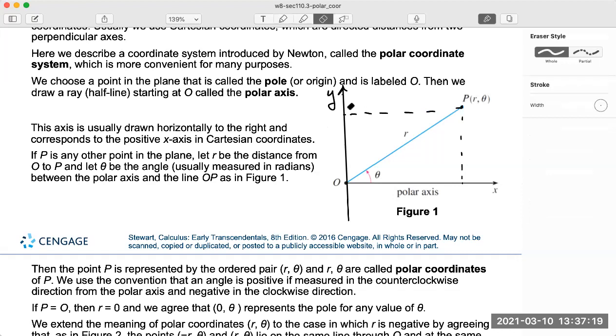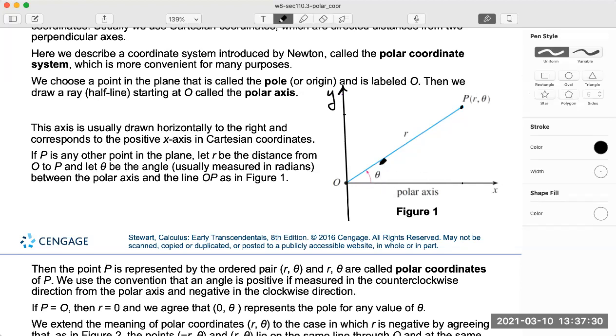But in the polar coordinate, we pick the x-axis, which will be the same as in the Cartesian. And another one is the angle. For example, any point P here, the r is the distance from this origin to that point, and theta is the angle.